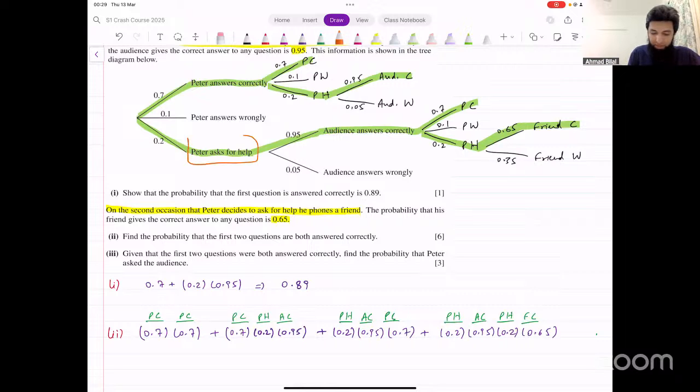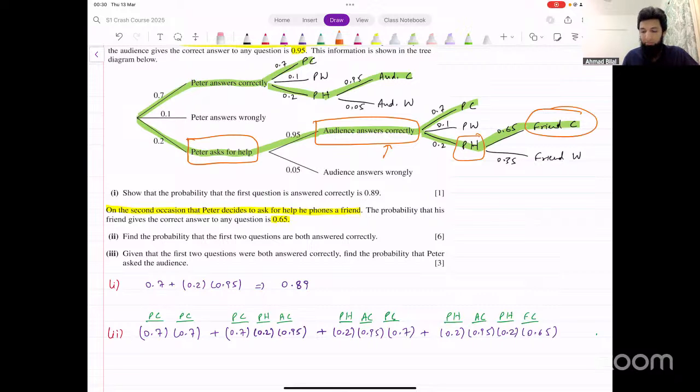The first time he's asking for help and the audience answers correctly. This is the stage that we're at. Now he has already asked the audience in the first question, and now he is going to the second question. So it's the second occasion that he's asking for help. So now the second time he asks for help, it is going to be from the friend.